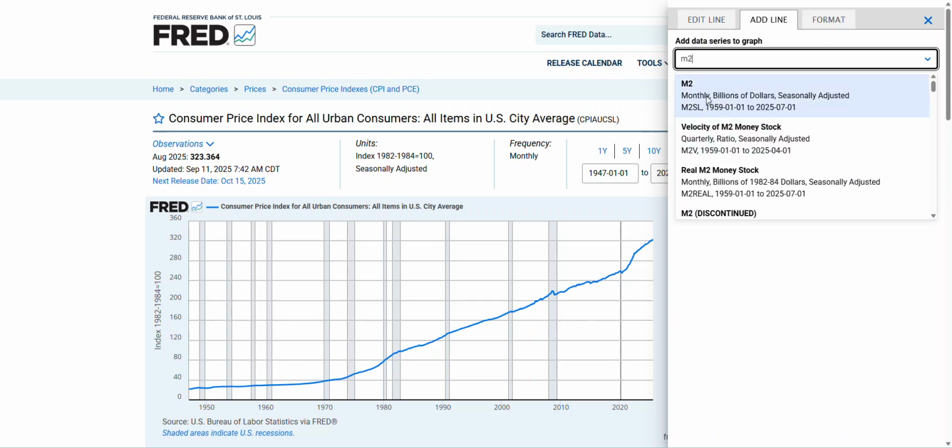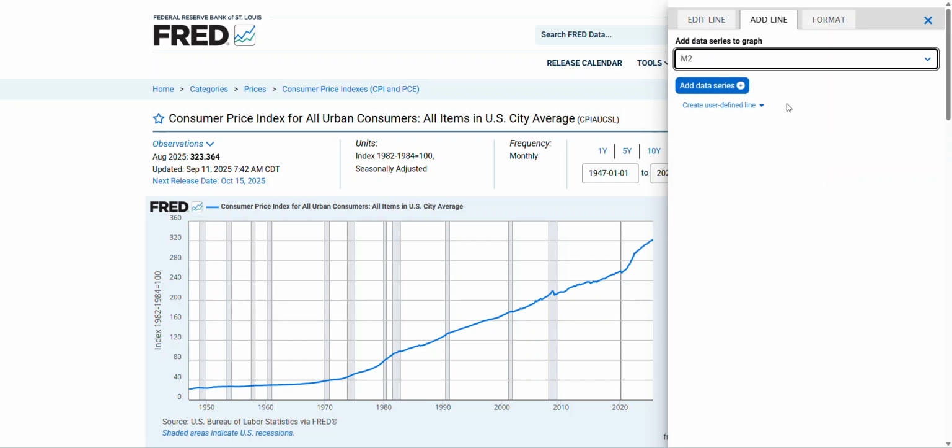But I want to use this one because it's also monthly, it's seasonally adjusted, and it goes back to 1959 all the way to present day. Present day here, because of the release dates, is July of '01. All right, so we're going to click on that.